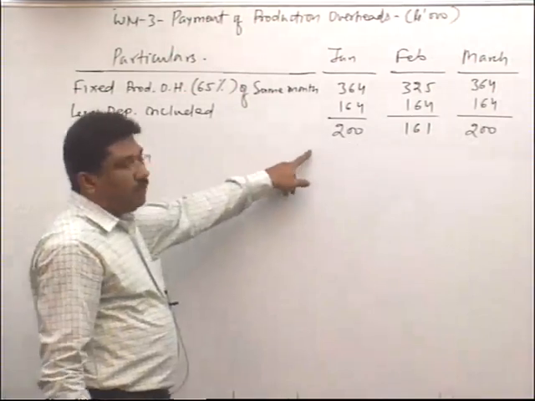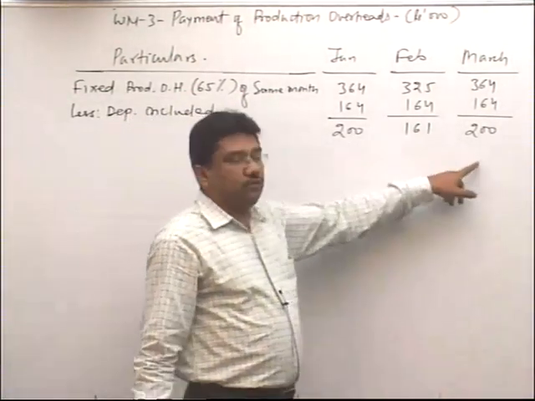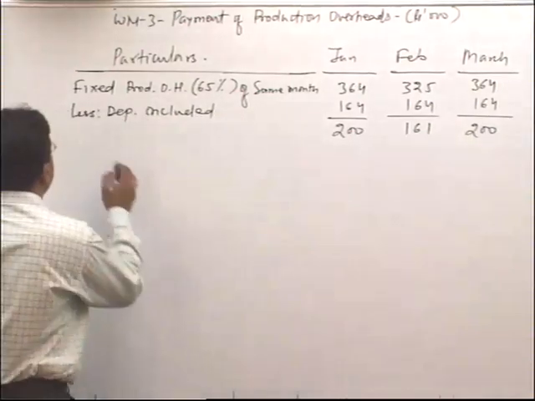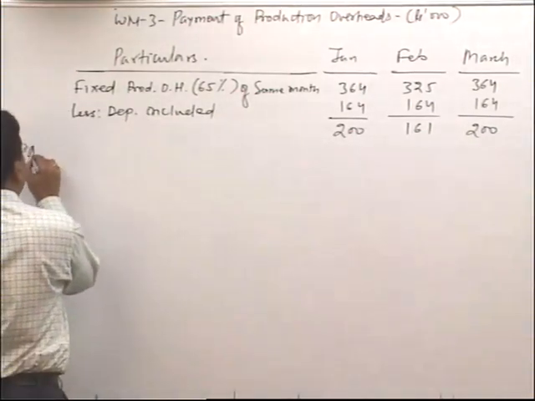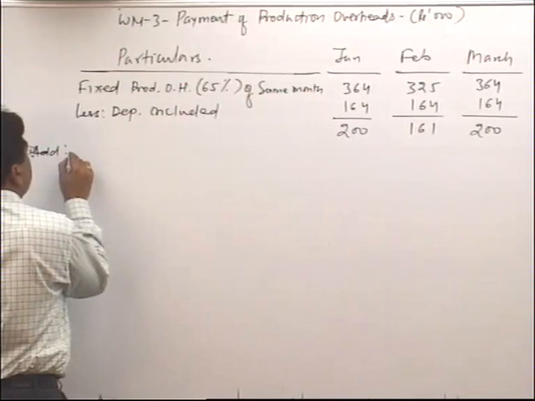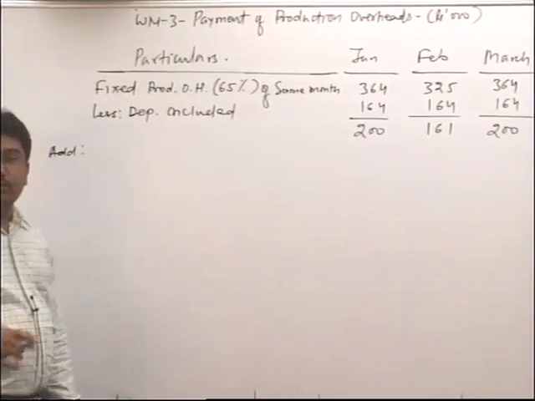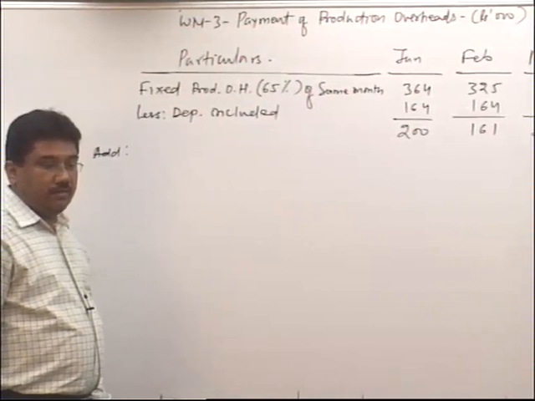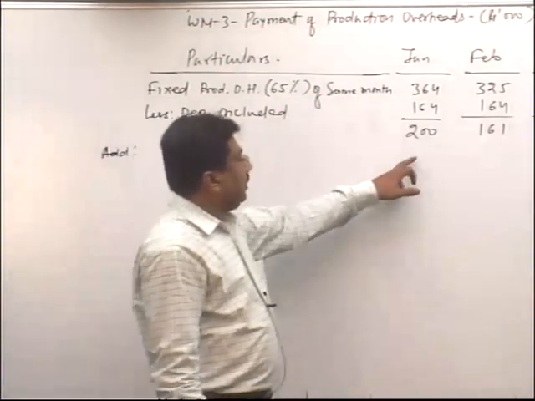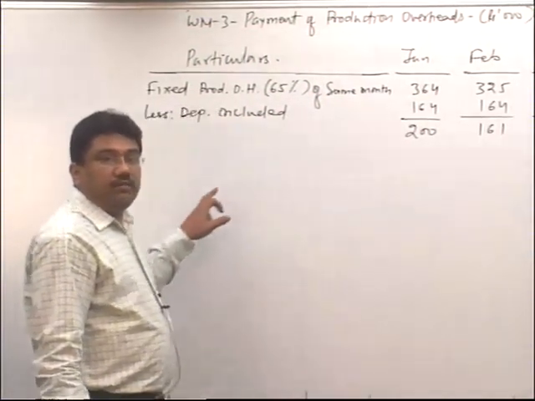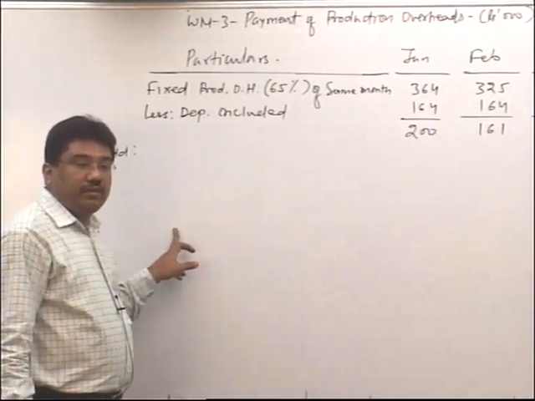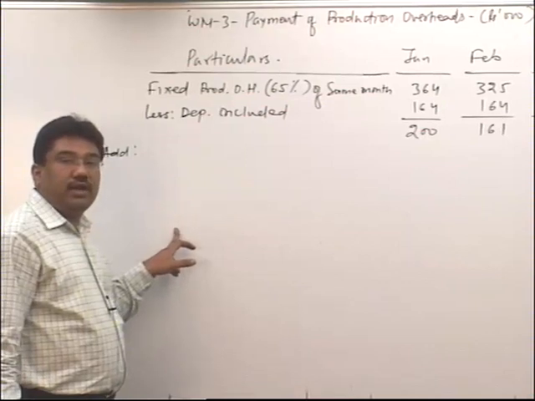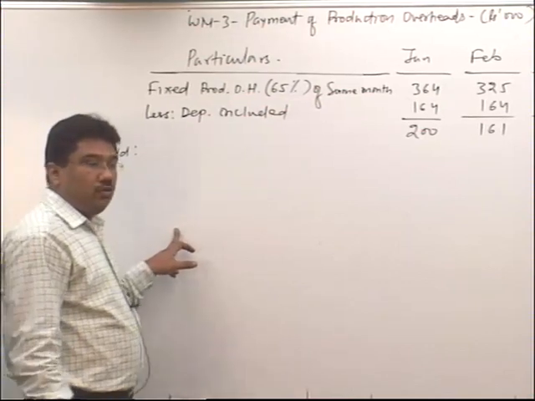So this will be the payment of fixed production overhead, which is the cash fixed production overhead. Now in that we have to add payment of variable production overhead. But as we know that variable production overhead is paid after 1 month, so in January we will pay variable production overhead of December, and the amount of variable production overhead is 35% of total production overhead.